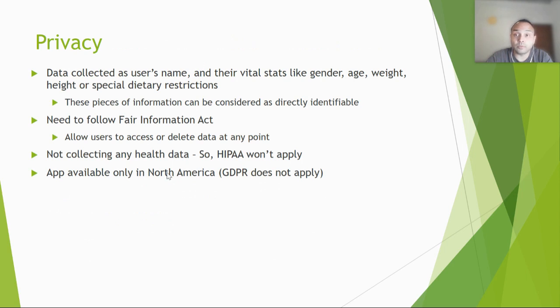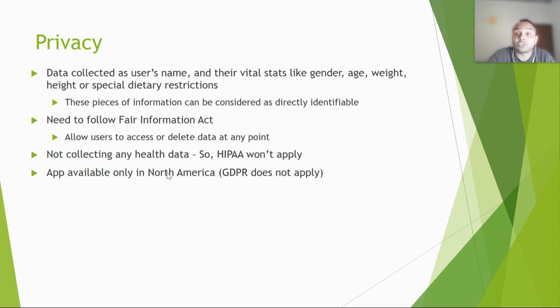Then two considerations: the privacy consideration. There will be vital statistics and user information taken from the user. So those could be identified as directly identifiable PII information. So I have to make sure that those are saved correctly into the system, and that doesn't break any laws around storing information, and they have the right encryption in place.